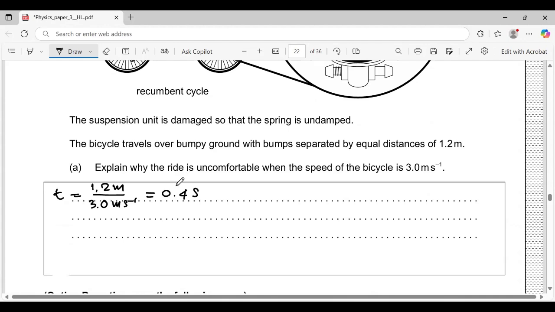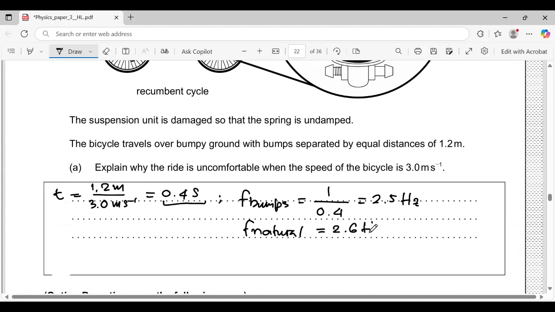So it means the bumps are hit every 0.4 second, which corresponds to a frequency f bumps equal 1 over 0.4 second, and it is 2.5 hertz. From the question, we have the information that the natural frequency is 2.6 hertz. So I have provided my answers.